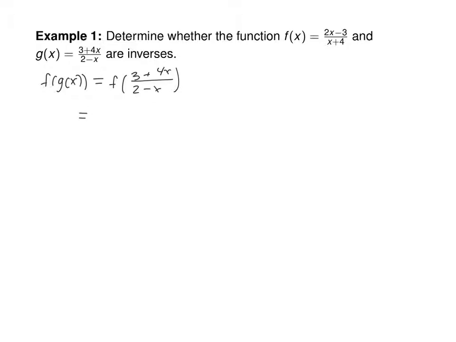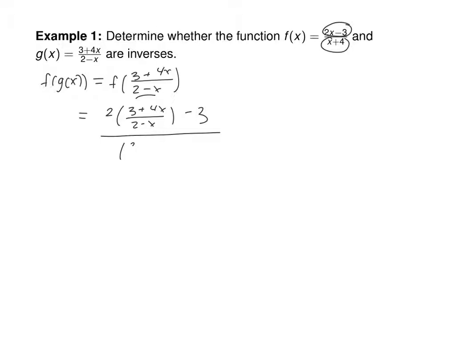Okay, just tell me roughly what would you get when you plug that into f? You'd have 2 times a big old fraction, right? And then minus a 3. And then all that would be over x plus 4. Yeah, it's 2x minus 3 over x plus 4.